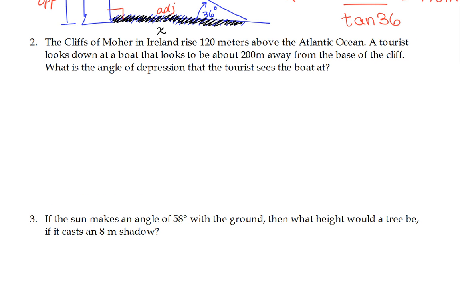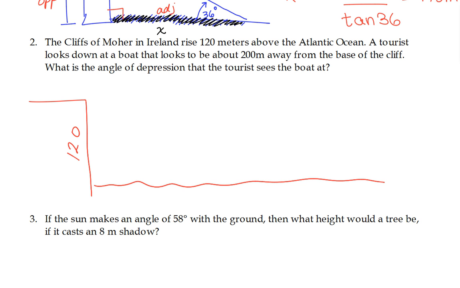We got a cliff. We got the ocean. It says the rise is 120. You guys okay with that? A tourist looks down at a boat to be about 200 meters away from the base of the cliff.